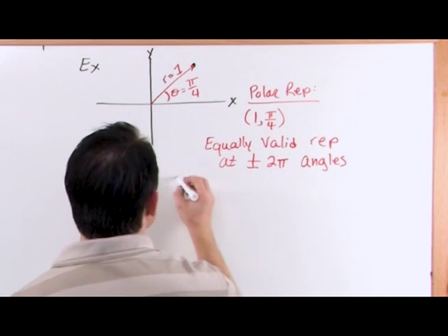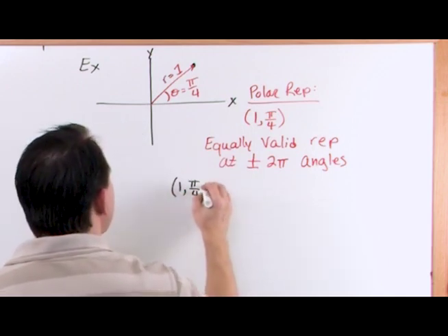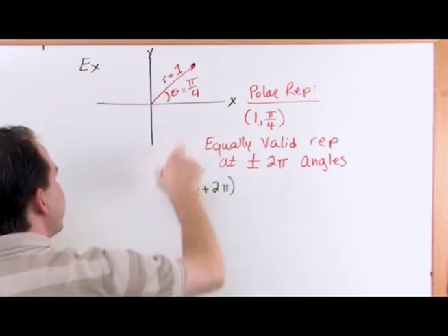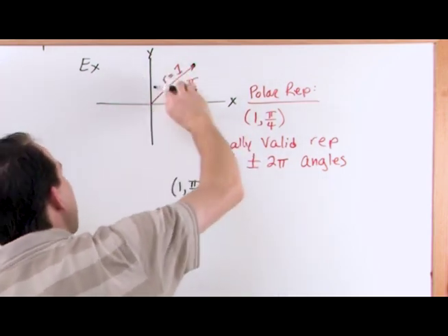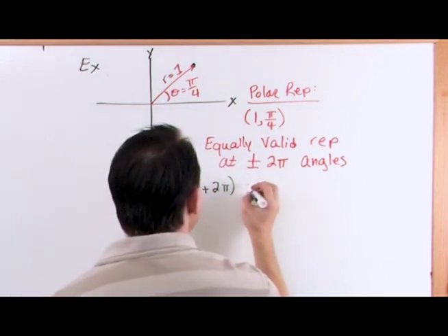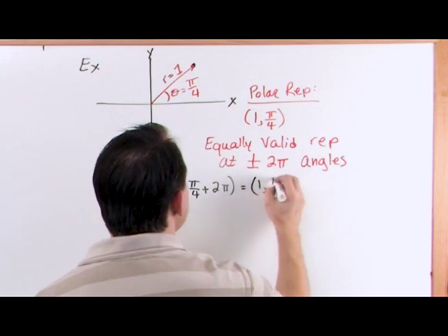Now, I can also say that it's going to equal pi over 4, which is my angle, plus 2 pi. It's the same radius and the same starting angle, but if I add 2 pi, I come back to exactly the same spot, so it's really the same point.